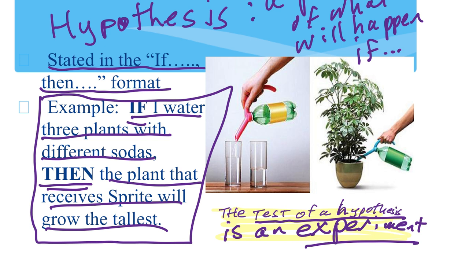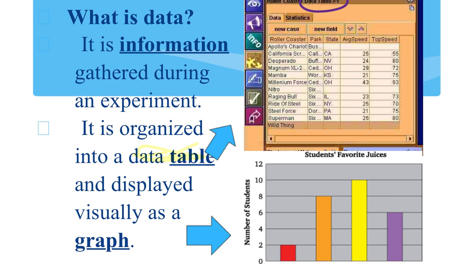Then he measures how much the plant grows, like during a period of a month. So his hypothesis would be, if I water a plant with Sprite, then the plant will grow the fastest. This would be followed by the actual experiment like the picture shows.